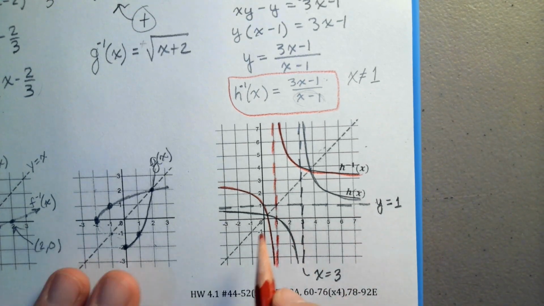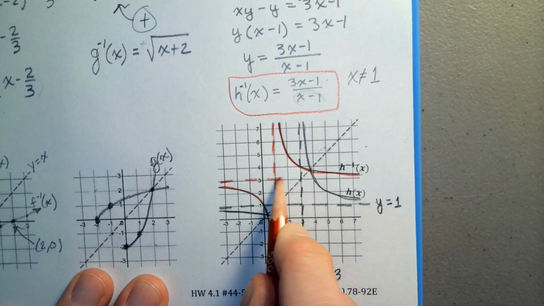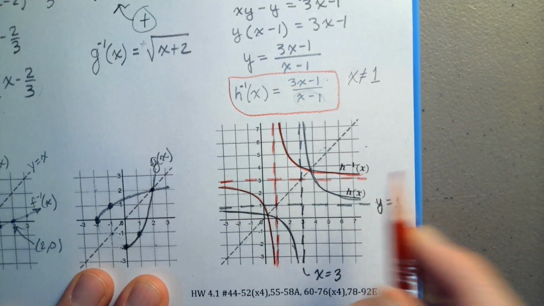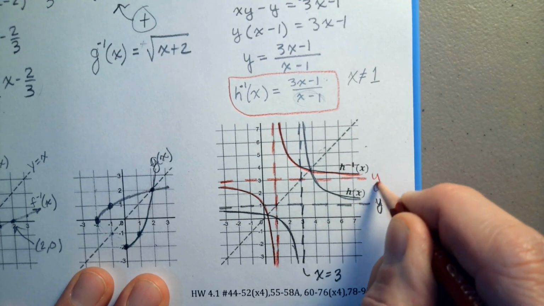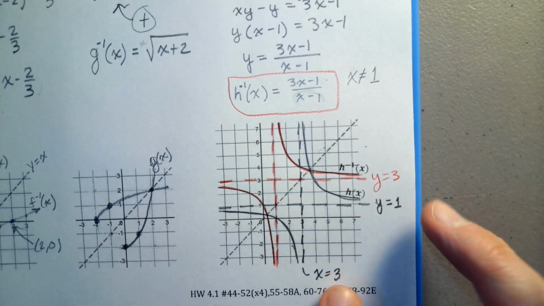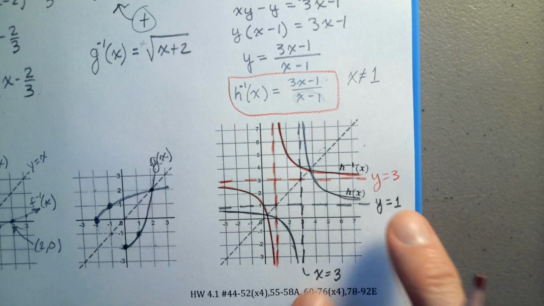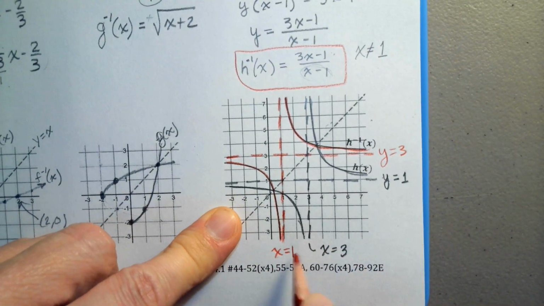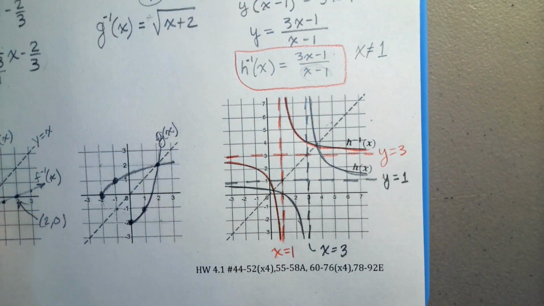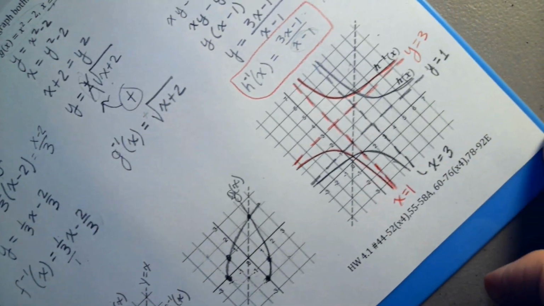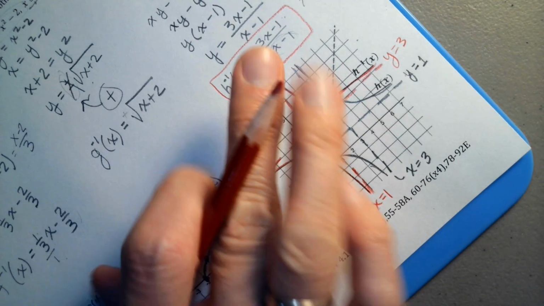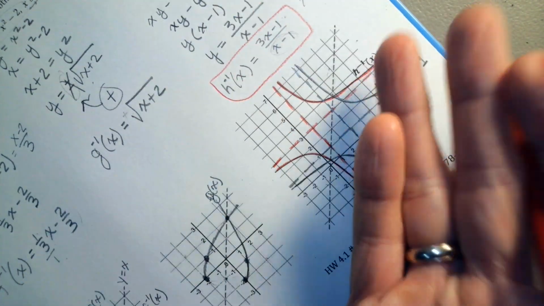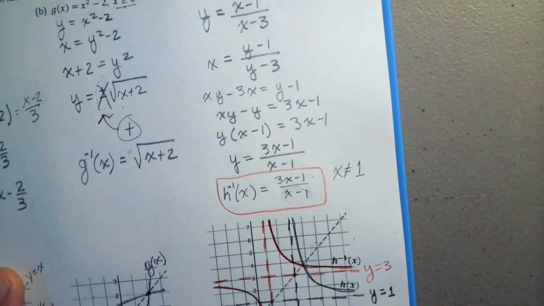Now, the horizontal asymptote for the inverse, that's y equals 3, because the x becomes the y and the y becomes the x, right, because of the inverses. I kind of made a mess of all this, but you can see how now there's a really nice symmetry about the identity line.